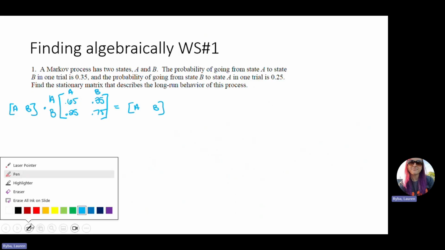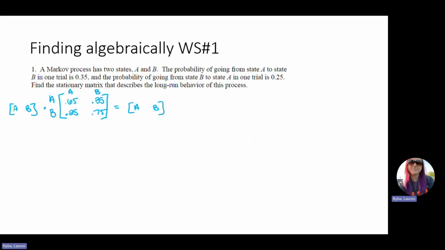What we are going to do is follow the process of matrix multiplication. If I take this row times this column, that's going to give me my first equation. So 0.65A plus 0.25B has to give me my first answer of A.